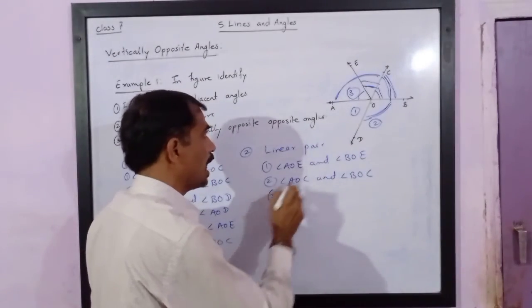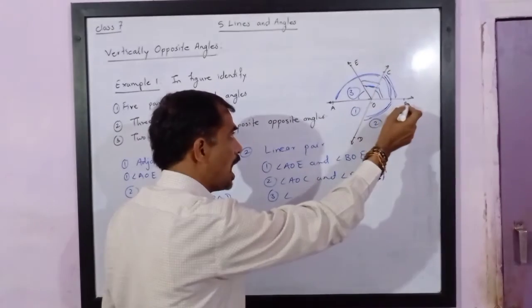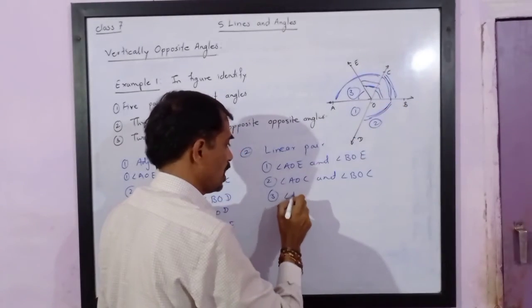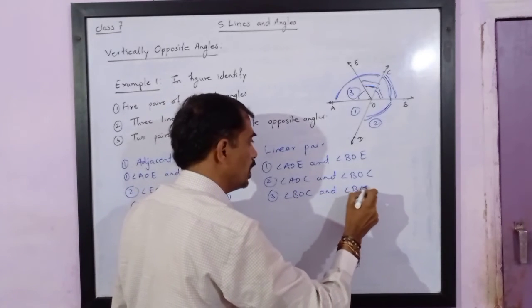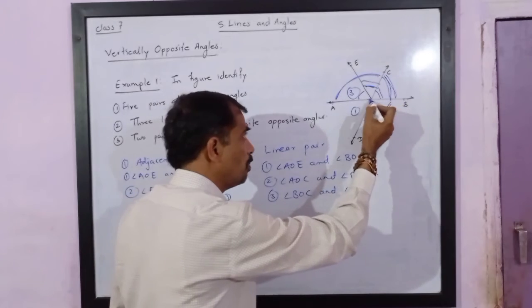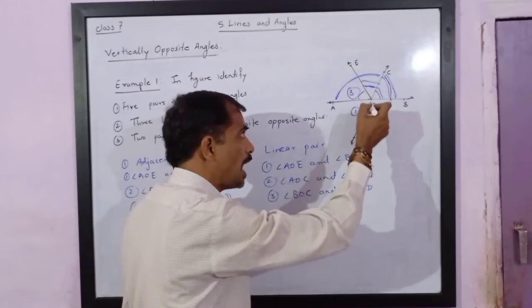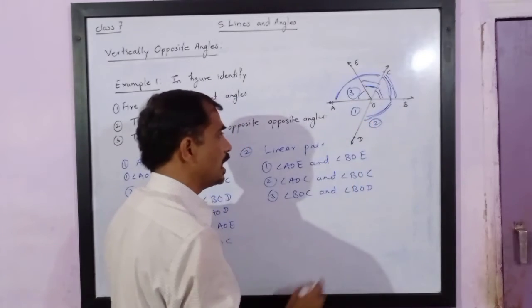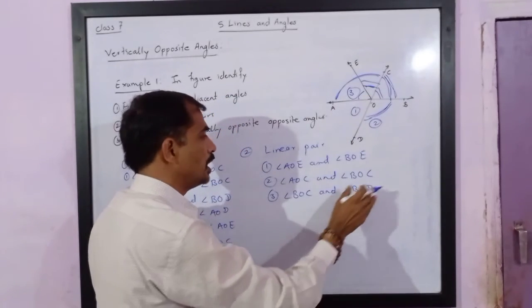Third pair can be taken as angle BOC and angle BOD. In this you will notice that OB is the common arm and OC and OD are opposite rays. So BOC and BOD form a linear pair.